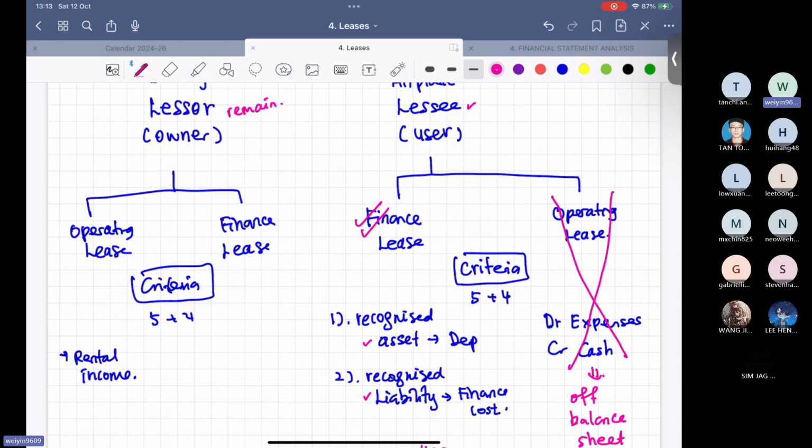Now you have two: one is depreciation, one is finance cost. And because of the underestimation of expenses, your profit has been overstated. It shows that maybe the company wanted to have a good performance, and that's the reason the accountant opted for operating lease. So that's why, with the new standard coming in, no more.